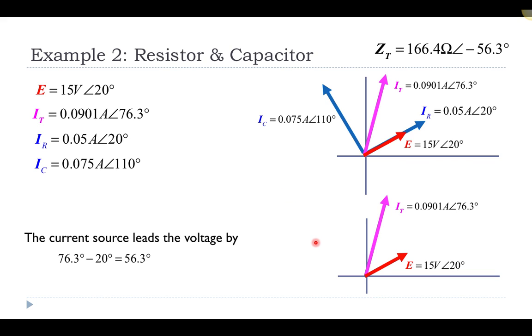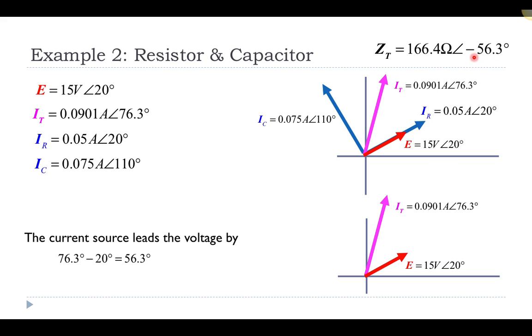I also might be interested to know how the current that's coming out of the voltage supply compares to the voltage supply itself. And I see that the current leads the voltage, and it leads the voltage by a difference in their angles, so 76.3 minus 20, which is 56.3. Again, going back to our total impedance, the total impedance in the circuit is telling us how the current in the circuit and the voltage compare to one another in terms of leading and lagging.